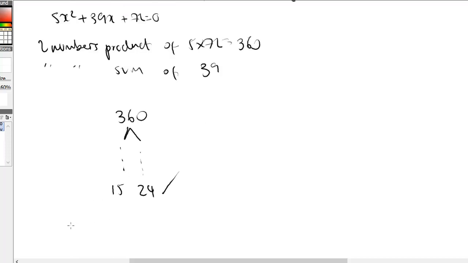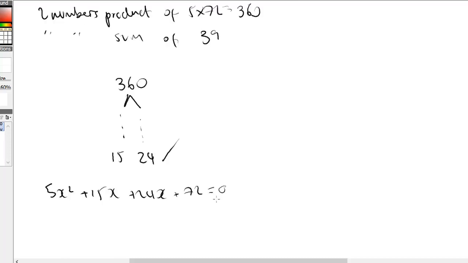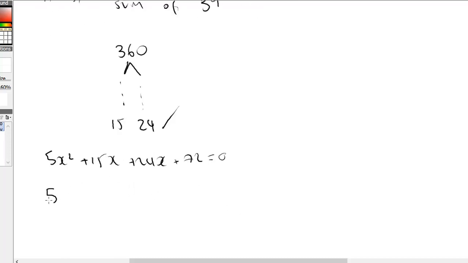So I put 5x squared, referring back to this here, 5x squared plus 15x plus 24x plus 72 equals 0. Now I start to factorize. I can put the 5 outside, and then the x also, and then x plus 3. Then here I would have plus 24, and then I put x plus 3 equals 0.